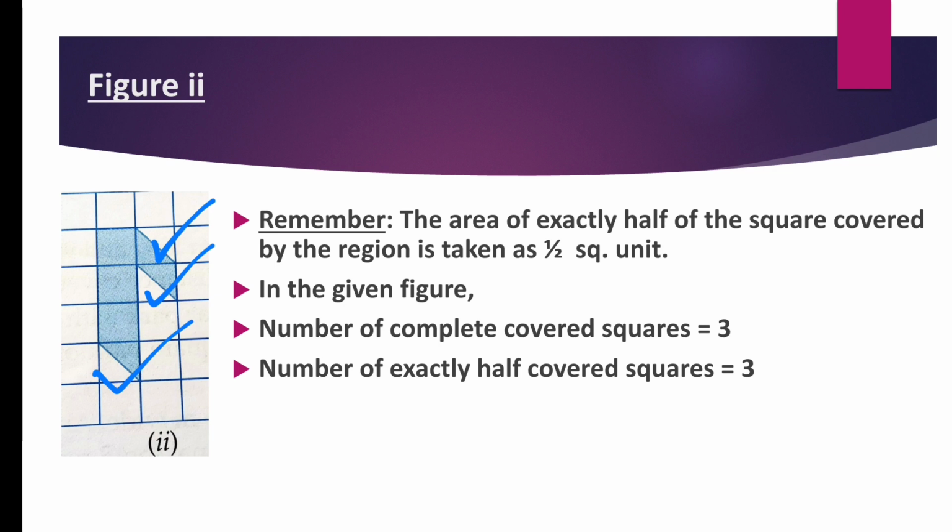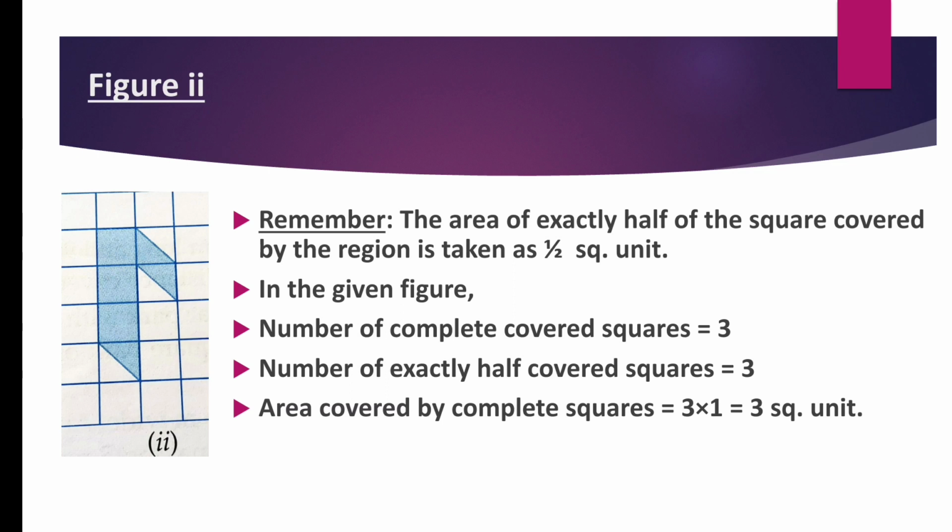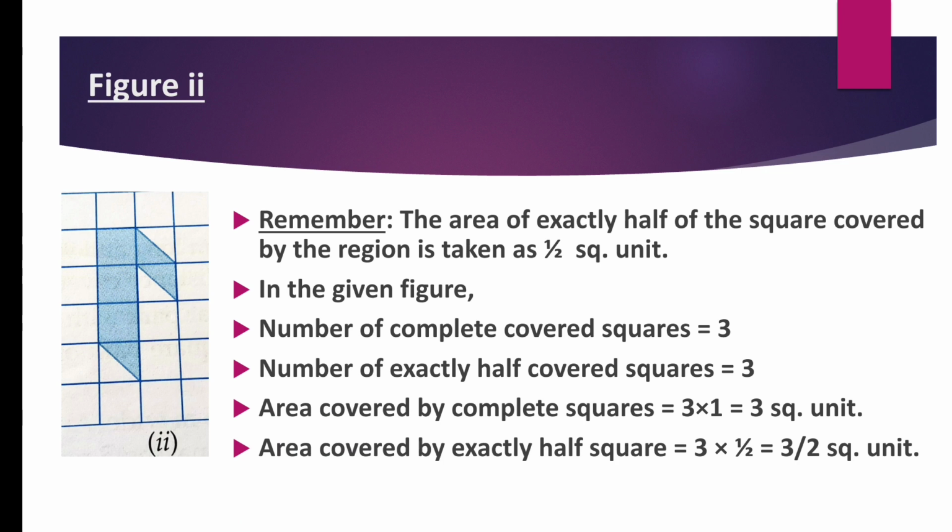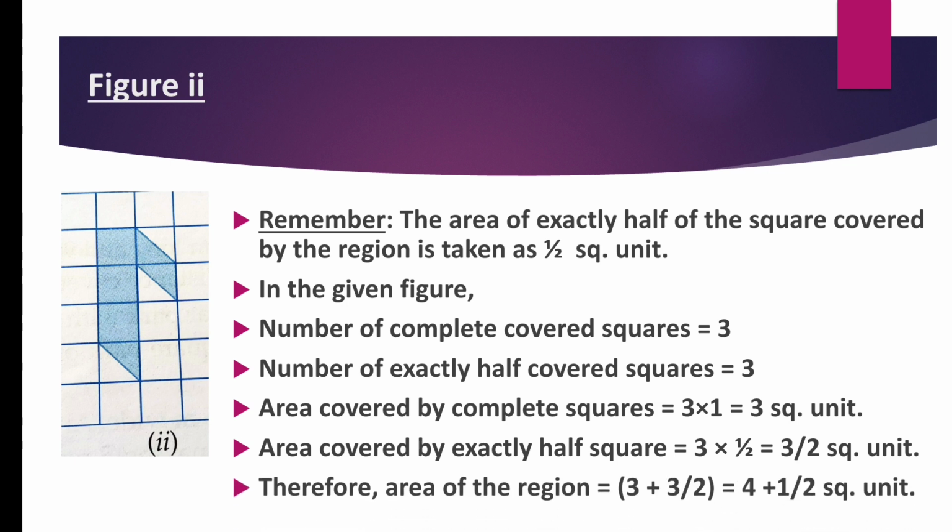So area covered by complete squares is equal to 3 multiplied by 1, that is 3 square units, and area covered by exactly half squares is equal to 3 into half, is equal to 3 by 2 square units. Therefore area of the region is equal to 3 plus 3 by 2, that is 4 whole 1 by 2 square units.